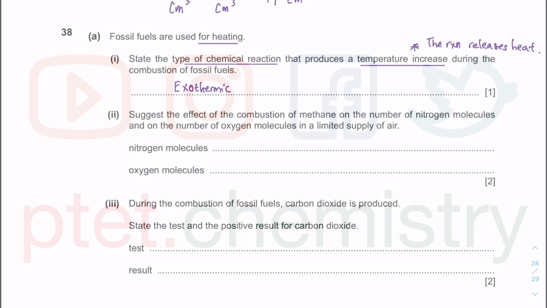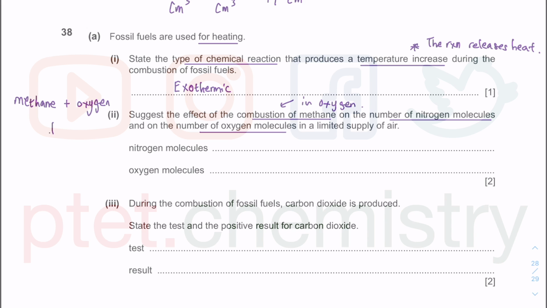The next one, combustion of methane. State the change in the number of nitrogen molecules and the number of oxygen molecules. Combustion means in oxygen. If I write a combustion equation, it will be methane plus oxygen.